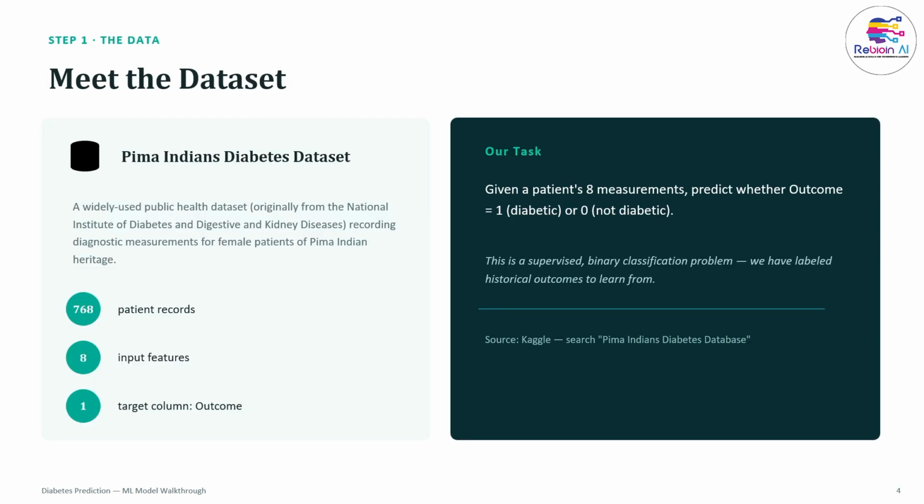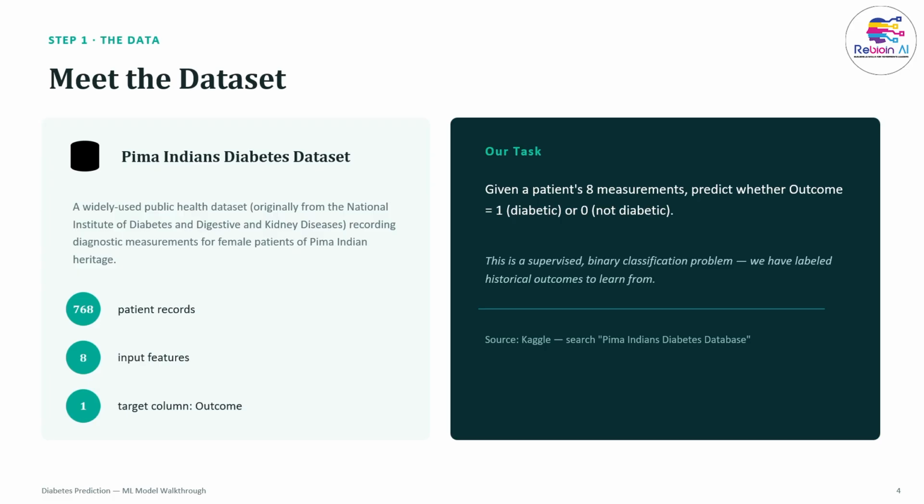Now let's meet our dataset. This is the Pima Indians diabetes dataset, a well-known public health dataset originally collected by the National Institute of Diabetes and Digestive and Kidney Diseases, tracking diagnostic measurements for female patients of Pima Indian heritage. I have taken this dataset from Kaggle, and it has around 768 patient records and 8 input features and one target column called outcome.